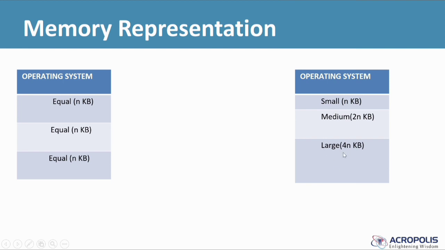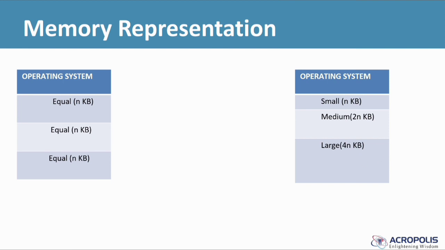We have a lot of processes, and each process doesn't require the same amount of memory. So if a process is of smaller size, then we allocate the small partition to that process so that our memory is used efficiently. If a process is a little bit larger, then we allocate the medium partition. And if the process is larger, then we allocate the larger partition.